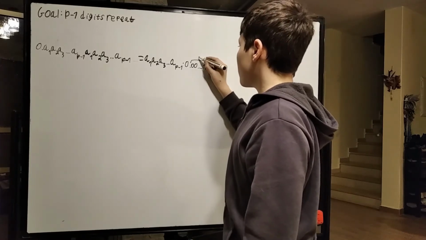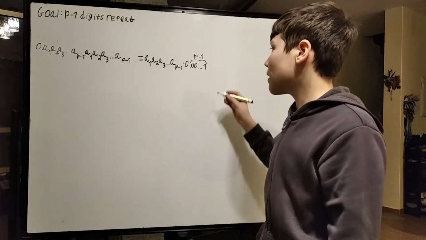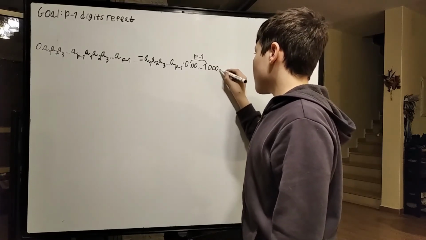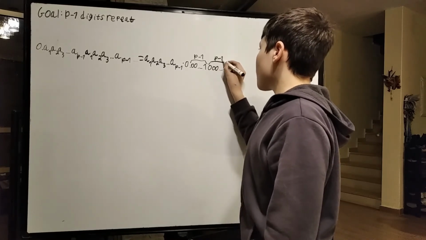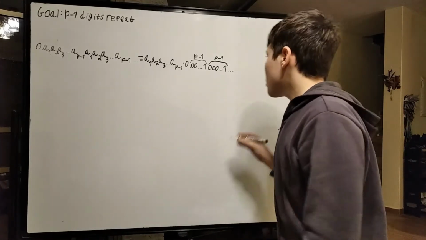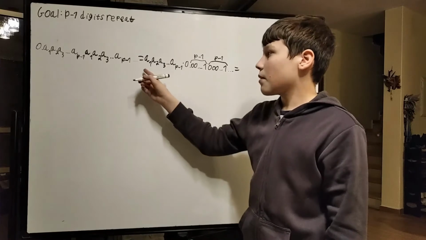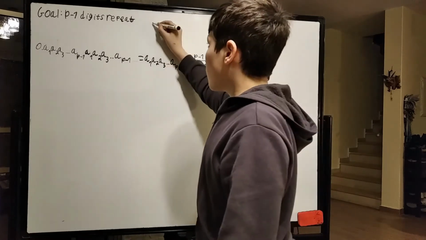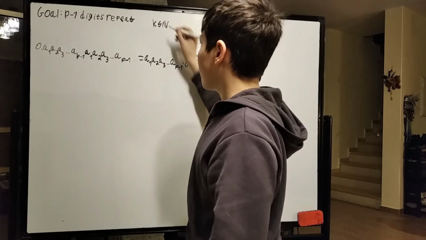But the amount of digits here will be p minus 1. And I'll let you see why that's true. It's not that hard to see. And then we have another 0, 0, 0, and so on until another 1. And all of these are another p minus 1 digits. And this will continue on forever. So, what we can do, first of all, I'll number this p minus 1 digit number as k, where k will have to be a natural number.